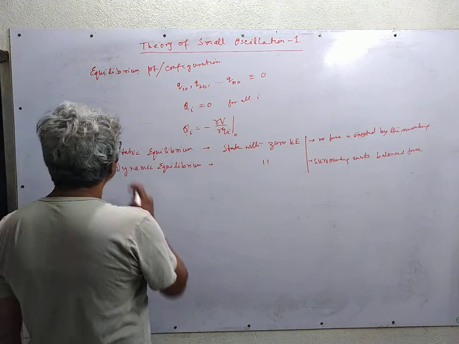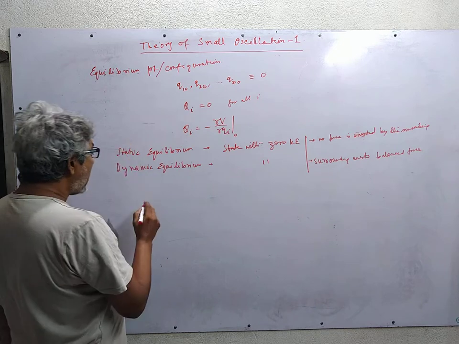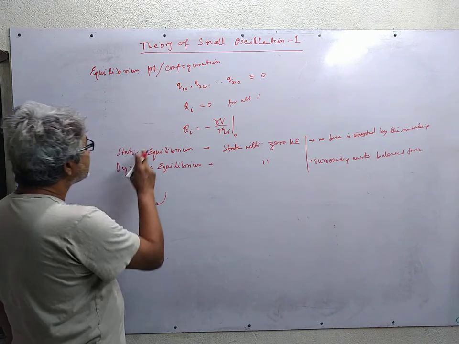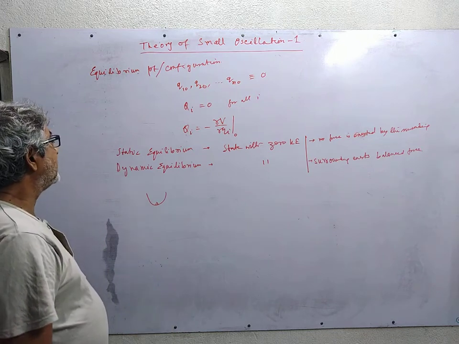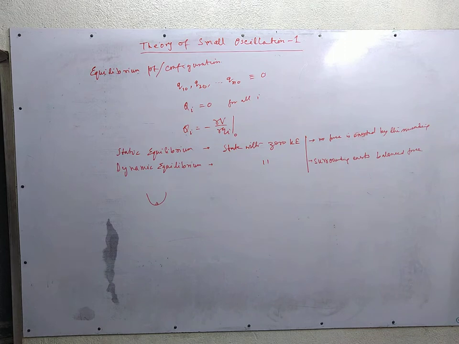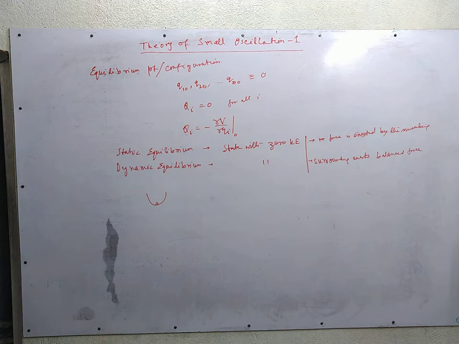An example of static equilibrium is a ball at the bottom of a valley. For dynamic equilibrium, say we have a ball on the top of a fountain.